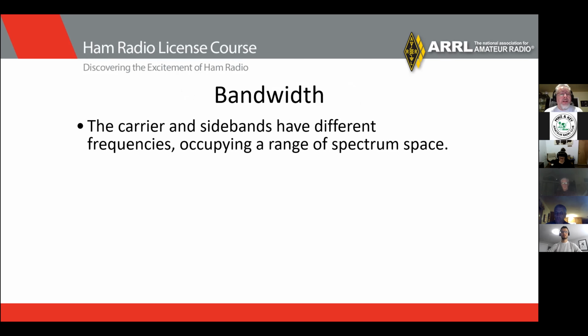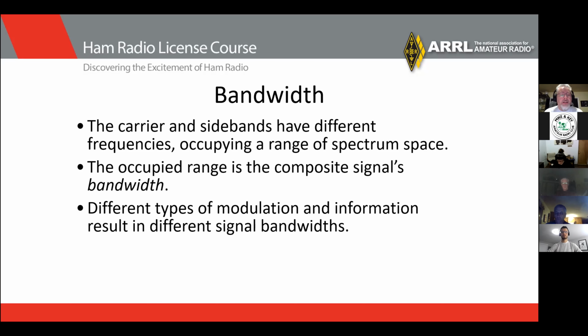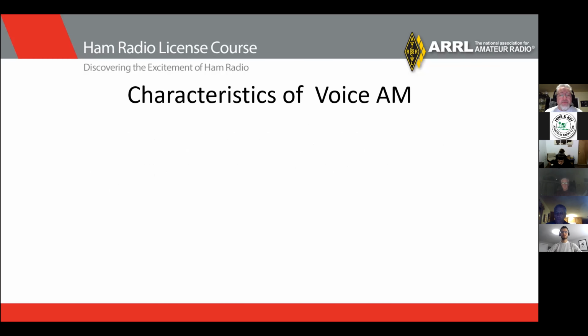Bandwidth: the carrier and sidebands have different frequencies and occupy a range of spectrum space. The occupied range is the composite signal's bandwidth. Different types of modulation and information result in different signal bandwidths.